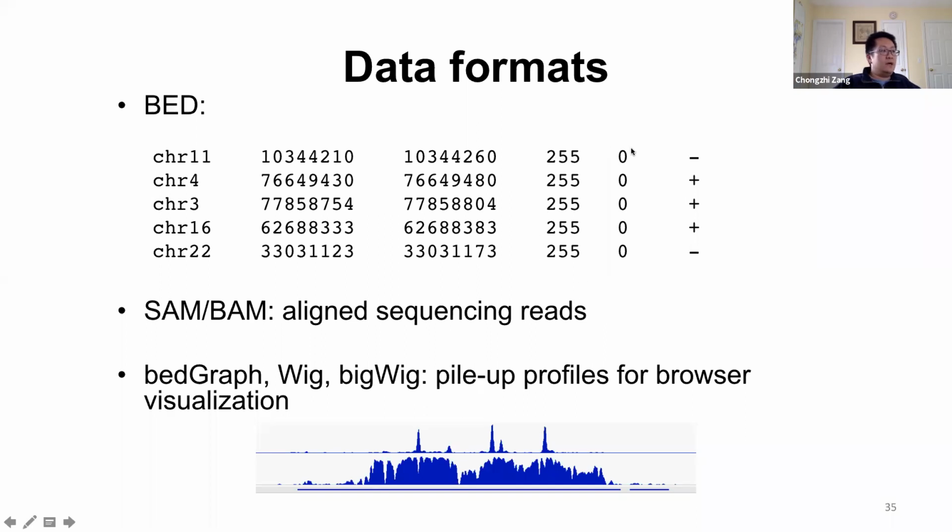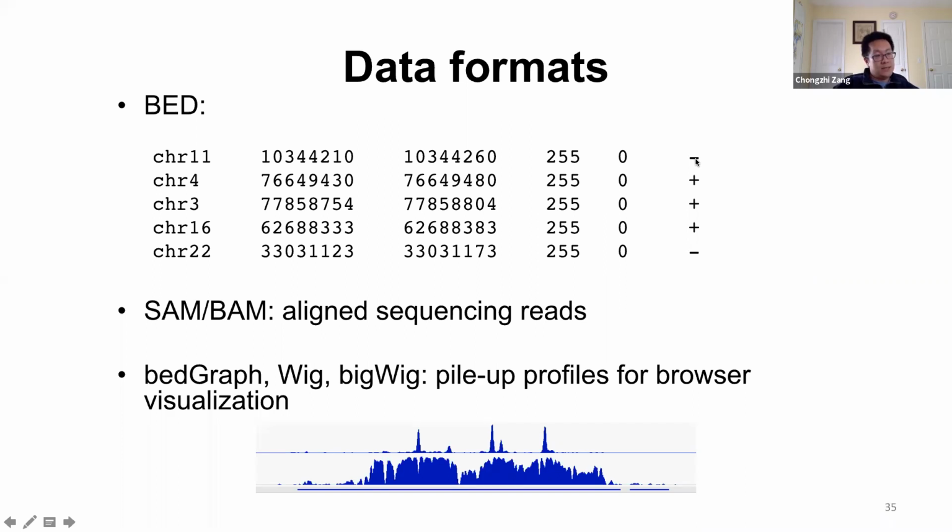The fifth column is a score; sometimes the score is meaningful and sometimes it's not. In this case it doesn't store any useful information, but is kept as a placeholder. The sixth column represents the strand, the directionality, whether it's on the positive 5' strand or the 3' strand in the genome.